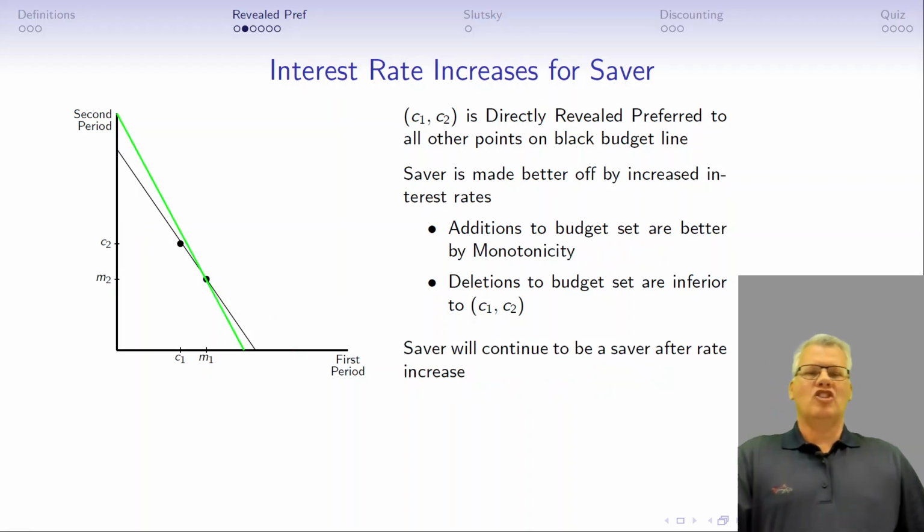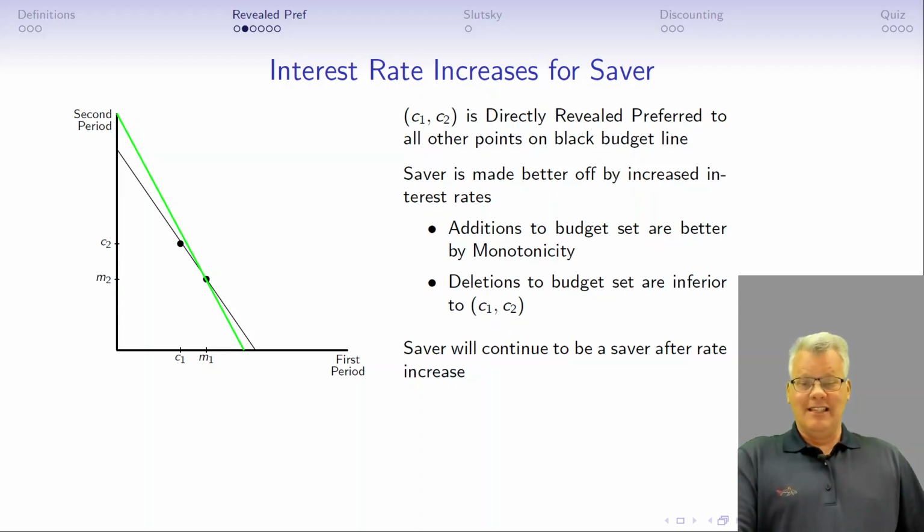Yes. So what we're seeing here is a saver who faces an increased interest rate. You recall this was the case that was ambiguous. We're uncertain whether time period 1 consumption increased or decreased. What we were able to tell through revealed preference is that the saver would continue to be a saver after the interest rate increased.